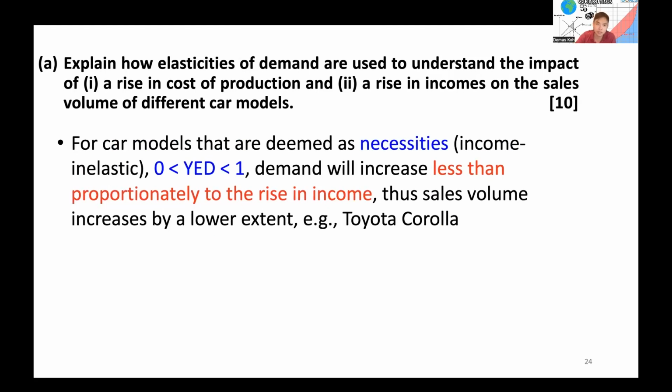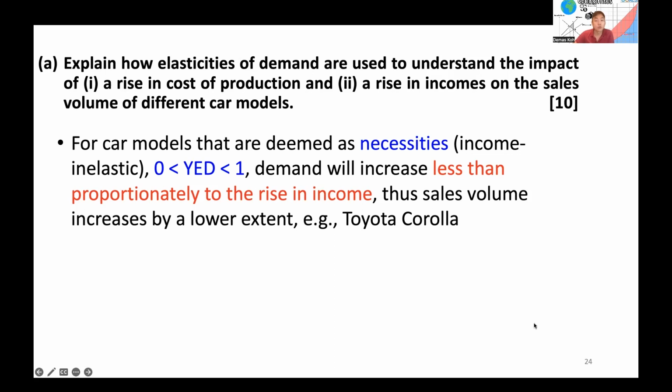For car models that are deemed as necessities, so it's income inelastic, that means YED is between 0 and 1, demand will increase less than proportionately to the rise in income, and therefore the sales volume would increase by a low extent compared to the case of luxury goods.